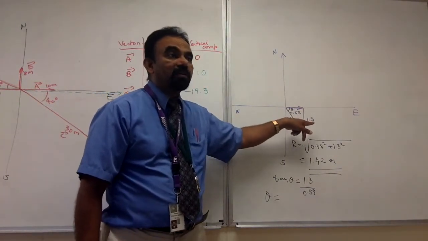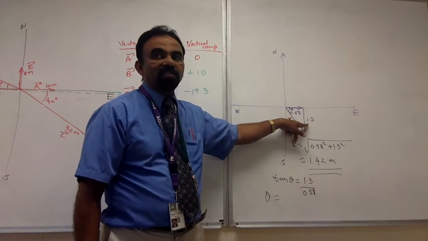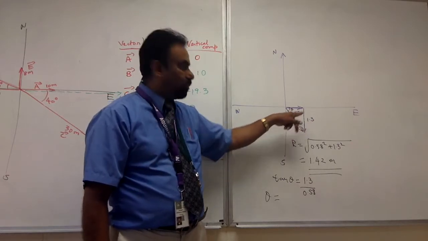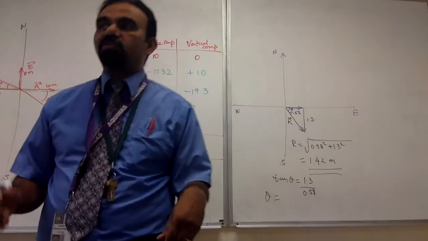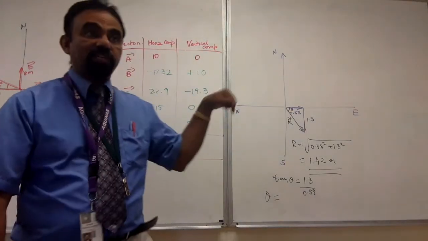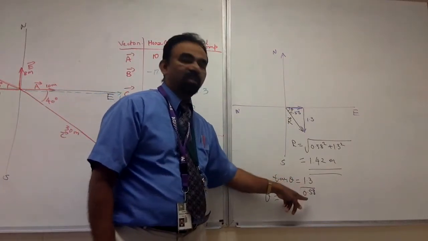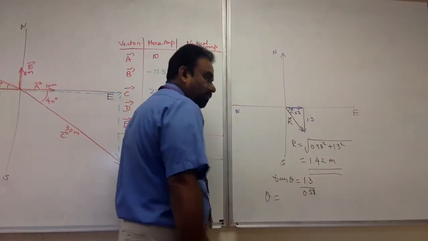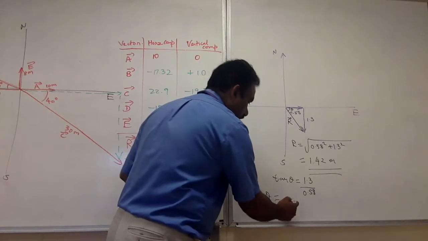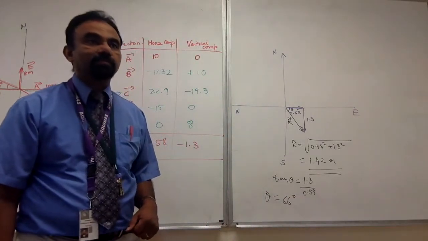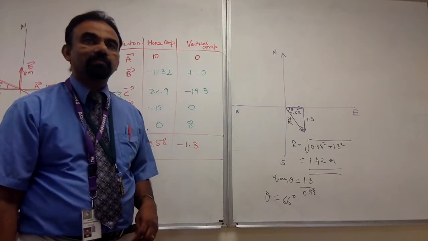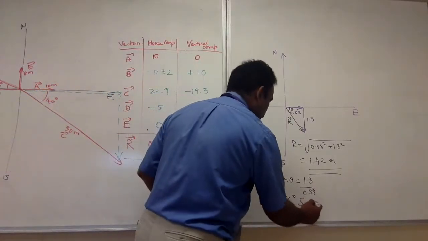Now remember, I'm not going to include minus signs in my calculation because you want this angle and you need the sides. The minus sign was there only to let you know that it is going down. What's the answer coming out? What is the angle? 66 degrees. Now, which way? South of east.